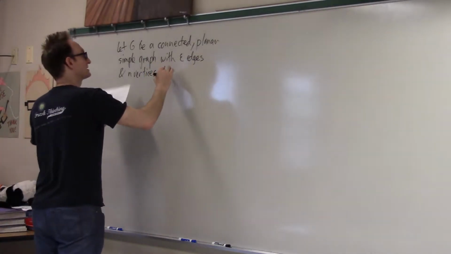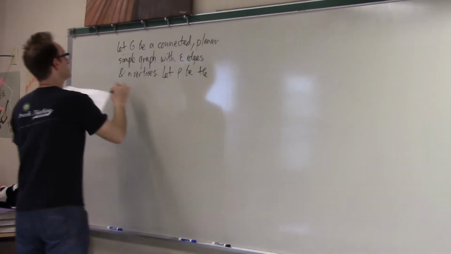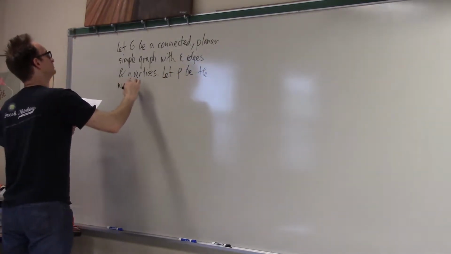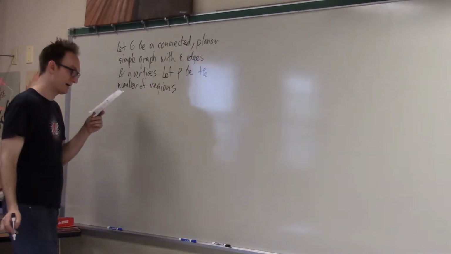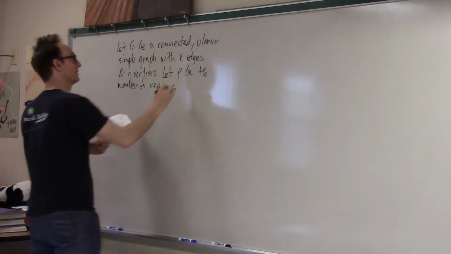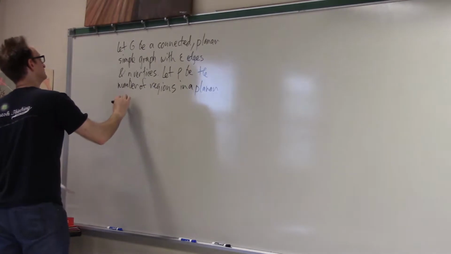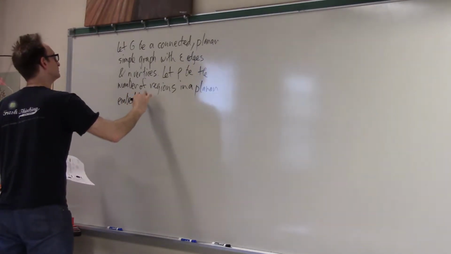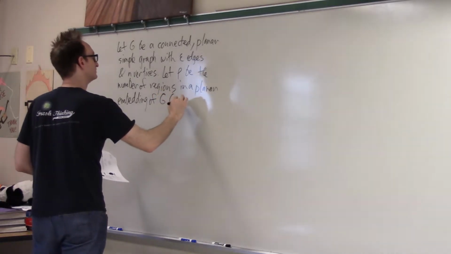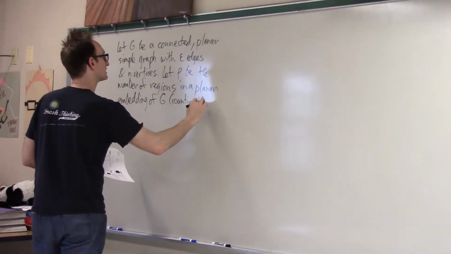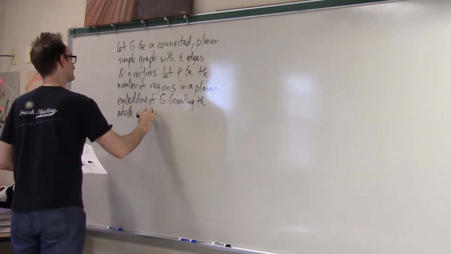Okay. Let rho be the number of regions in a planar embedding of G, counting the outside region as 1.